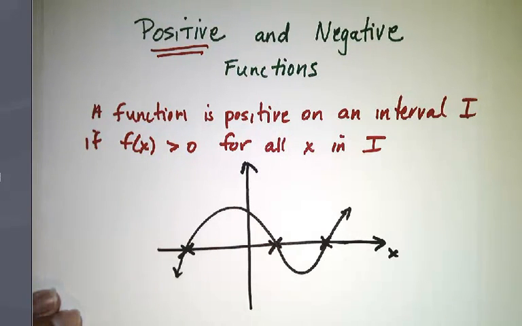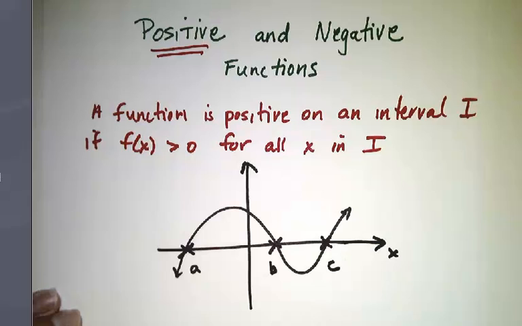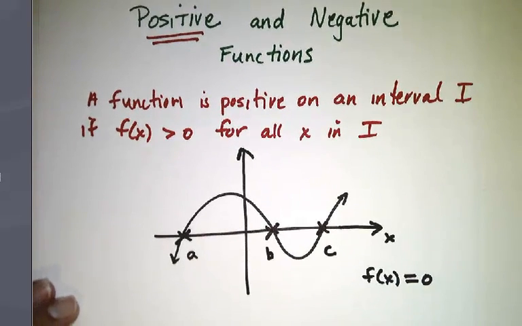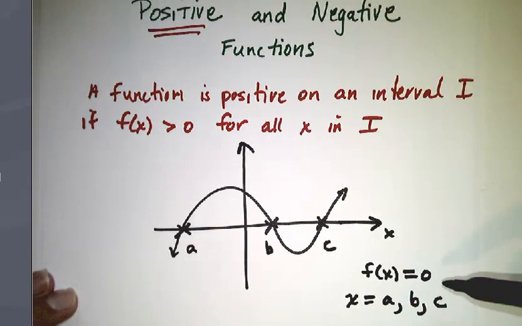Those are the zeros of our function, and we're going to label them A, B, and C. Those are the places where f of x equals 0, at x equals A, x equals B, and x equals C. So there are three x values that send my y value to 0.